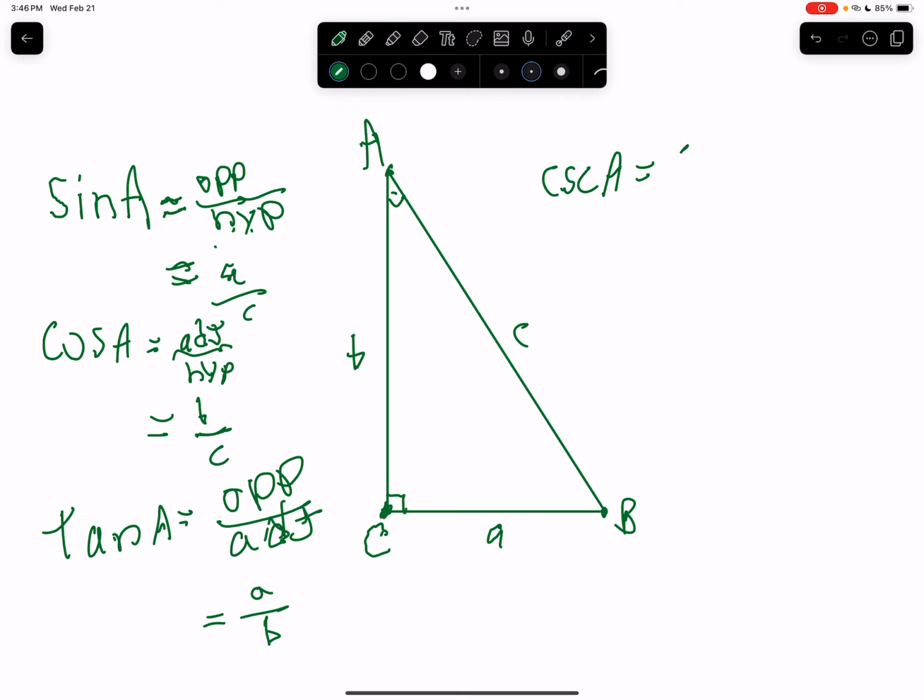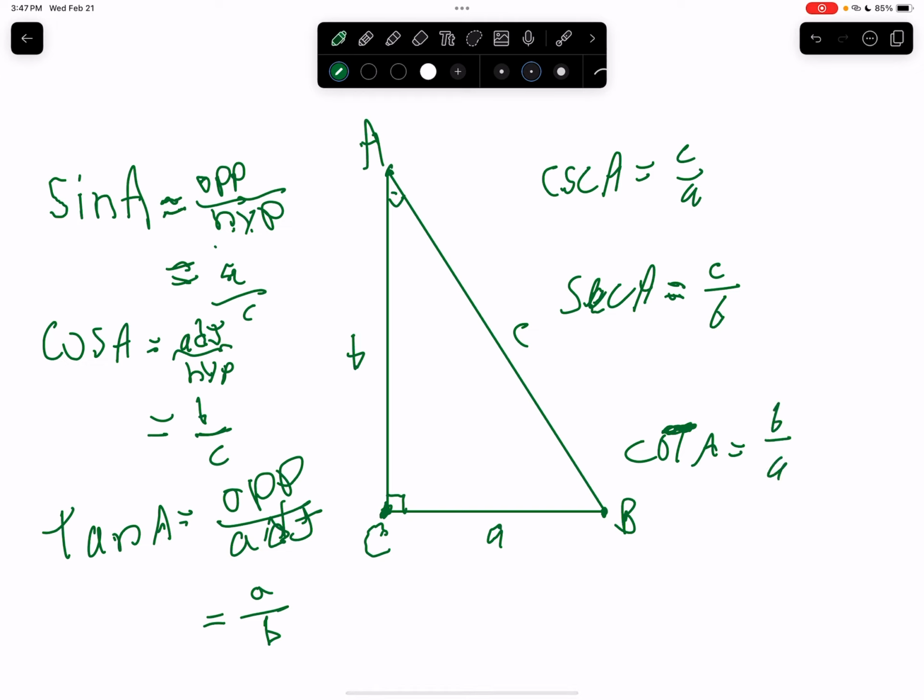So I'm going to put a little c over A, and the cosine has the secant, and you don't need to care what that really means right now, but you just need to care that it's the flipped over version of the cosine, and the cotangent is the flipped over version of the tangent. Cotangent A would be equal to the adjacent over the opposite, the b over A. And those are your 6 trig function relationships in the triangles.